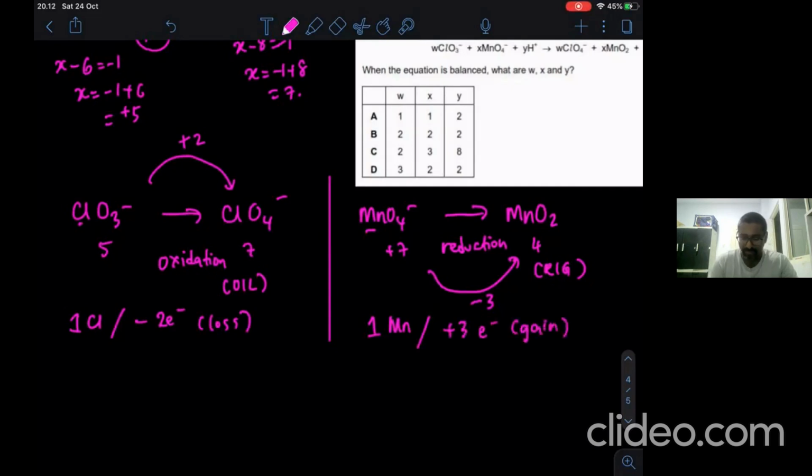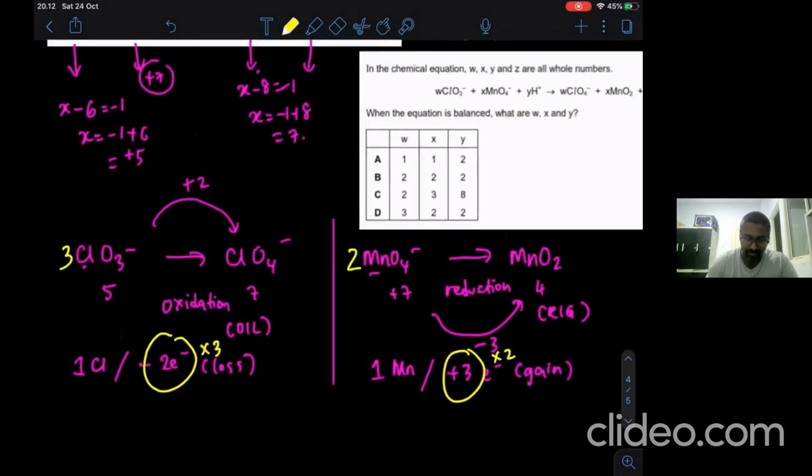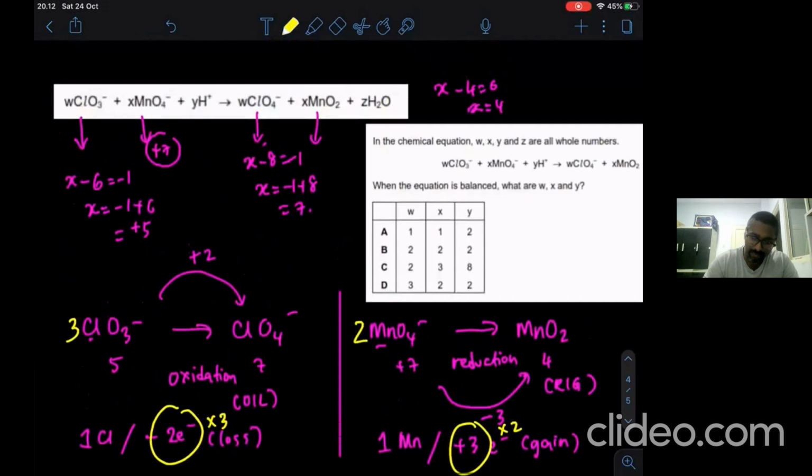Because 1 mole and so on, we will need to actually find the lowest common multiple. So between 2 and 3, which is going to be 6, so times by 3 and times by 2. So basically this is going to be times by 3, and this is going to be times by 2. So just need to put it here.